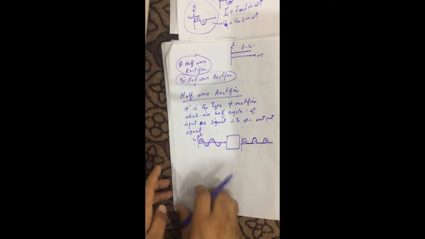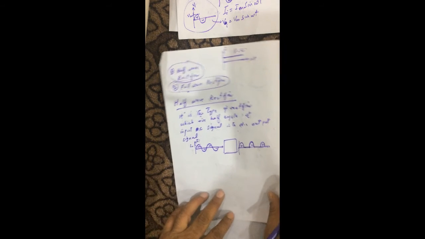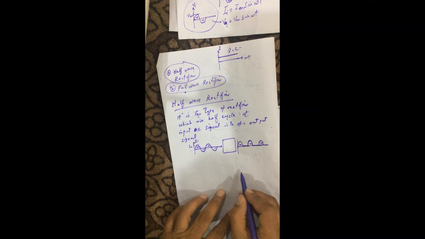Now how it is working, so we will discuss the working principle of this half wave rectifier. I will draw the circuit diagram of this half wave rectifier, and then I will discuss different features of it. I will start from a new page. Now let's suppose this is the circuit diagram of half wave rectifier.